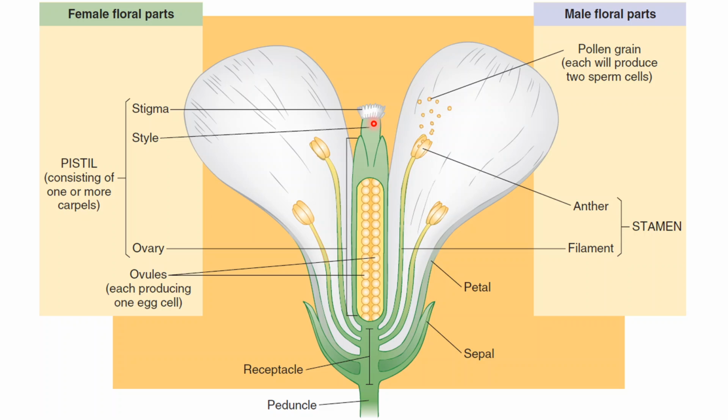The carpels of a flower may be separate or fused, and if they are fused into a single structure, that is called a pistil.